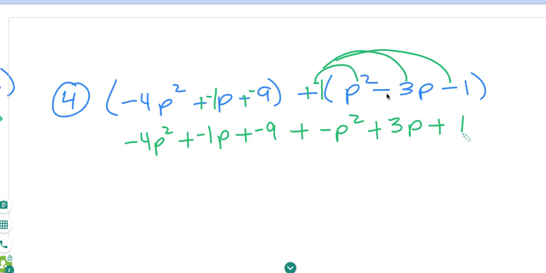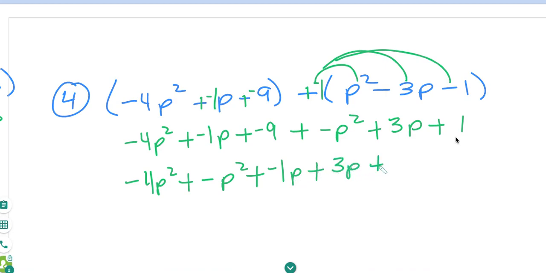Negative 1 times negative 3, positive 3. Negative 1 times negative 1, positive 1. CPA is next. Negative 4p squared plus negative p squared plus negative 1p plus 3p plus negative 9 plus 1.